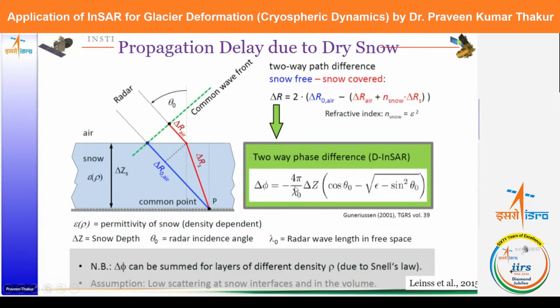If we remove the topography, atmosphere and other noise from the phase, this two-way phase difference in differential interferometry can be correlated with the depth of the snow, that is delta Z, and the dielectric constant. And as we know, the dielectric constant is a function of the density. So this entire formula can be reformulated in terms of the snow water equivalent.